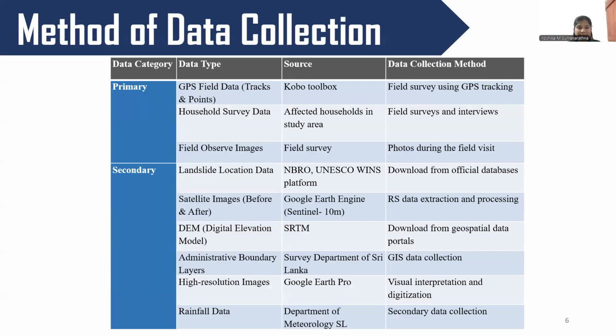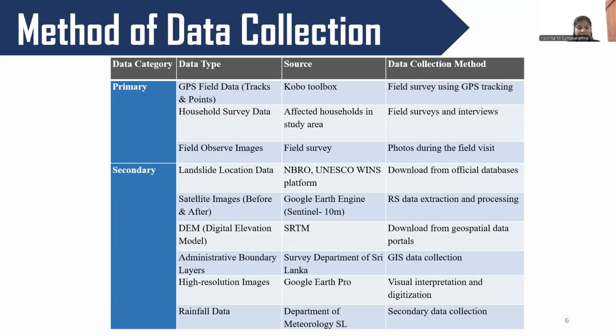This slide shows the method of data collection. We use primary and secondary data. Primary data come from the KoBo Toolbox, household survey data, and field observed images. The secondary data we get from several sources. Landslide location data come from NBRO and the UNESCO WINGS platform.